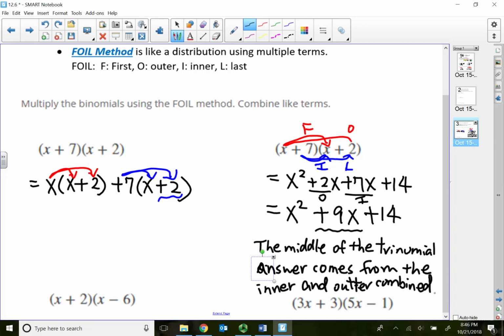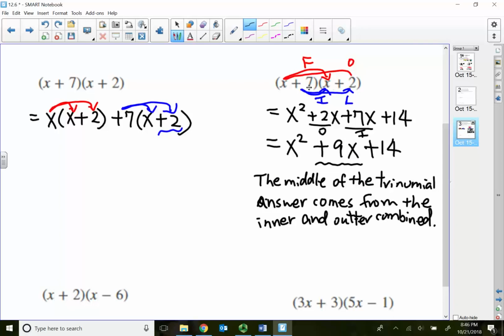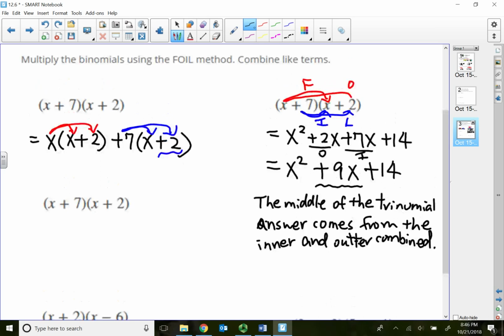So if we know that, then what we can do with the same problem, let me do it the third time. And this time I'm going to point at it. If we know that's the case, where the inner and outer combined is going to give me my middle term, then when you've got 2 terms times 2 terms, the FOIL method, the first thing you do is still x times x, which is x squared.